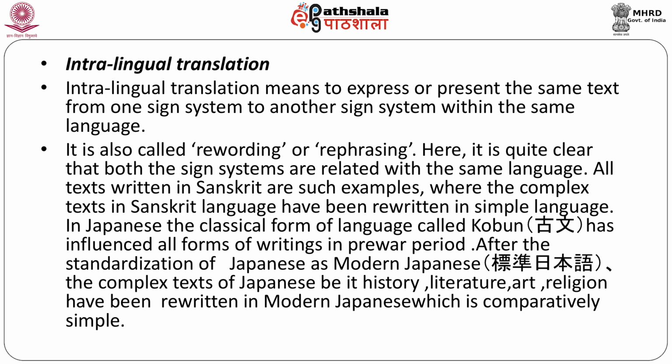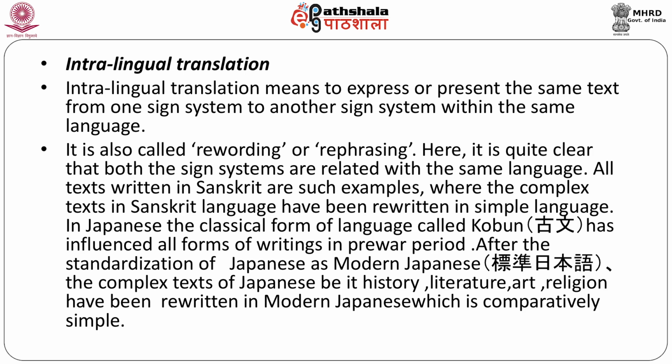In Japanese, the classical form of language is called Kobun, and it has been a major component in writing all forms, at least during the pre-war period. In other words, before the Second World War.